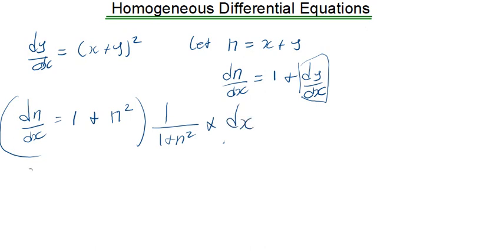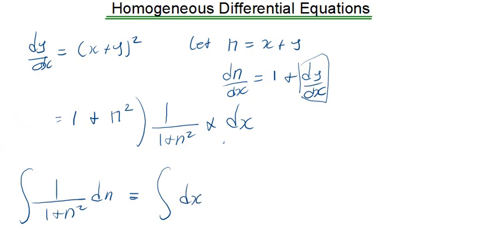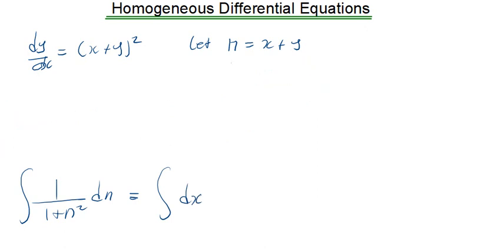This gives me the integral of 1 over 1 plus n squared dn equals the integral of 1 dx, which is pretty straightforward, giving us x. For this part we can use trig substitution.